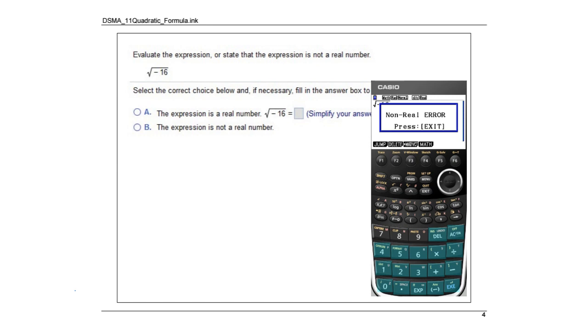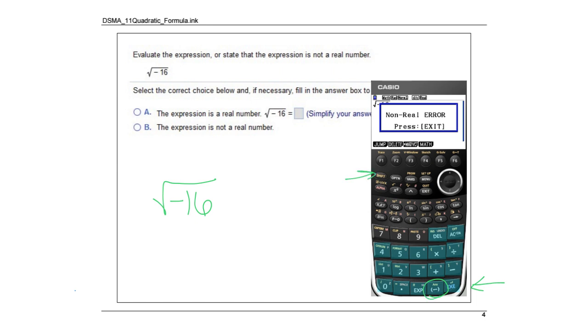All right, when we try to take the square root of a negative number, we are going to get an error, until later in this section when we're going to move on to imaginary numbers. But for now, we are going to get an error. Now, don't forget, when you're using your calculator for a negative number, you're going to use the negative down here.